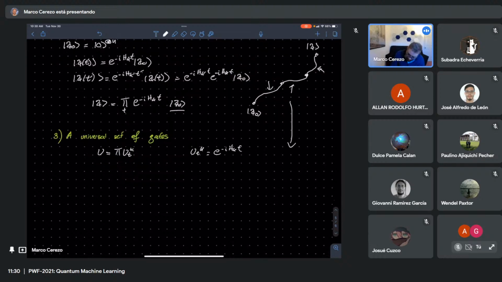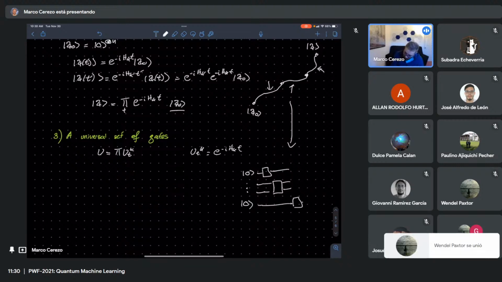We can think about our initial state like the all zero state, right? And then maybe I turn on a pulse that makes my first qubit evolve for a given amount of time. Then I turn on a pulse that makes these two qubits interact. Then I turn on a pulse that makes this qubit interact.